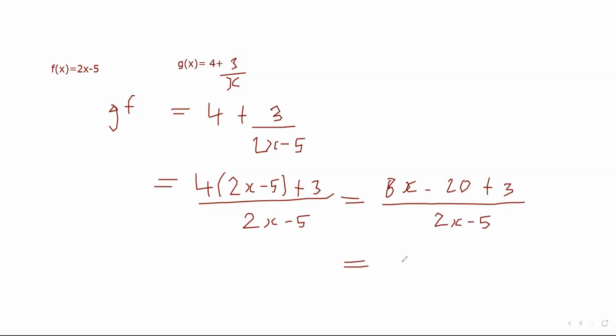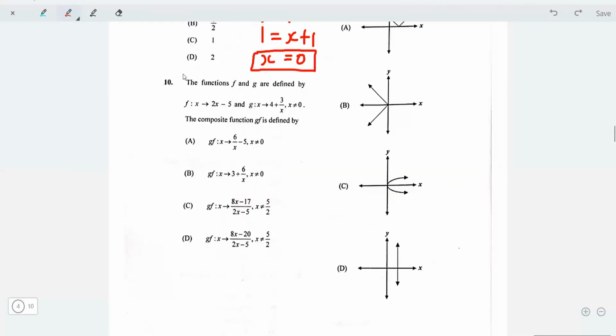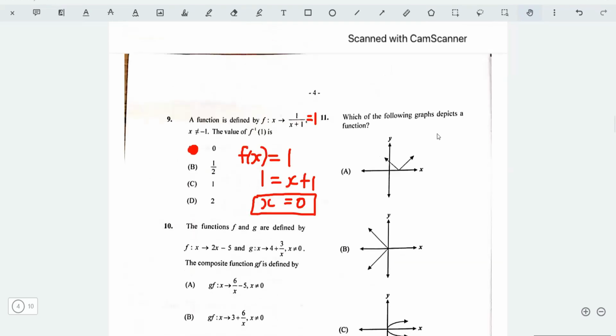This is 8x minus 17 over 2x minus 5. That's that one right there. Nice. 8x minus 17 over 2x minus 5, and it is option C.